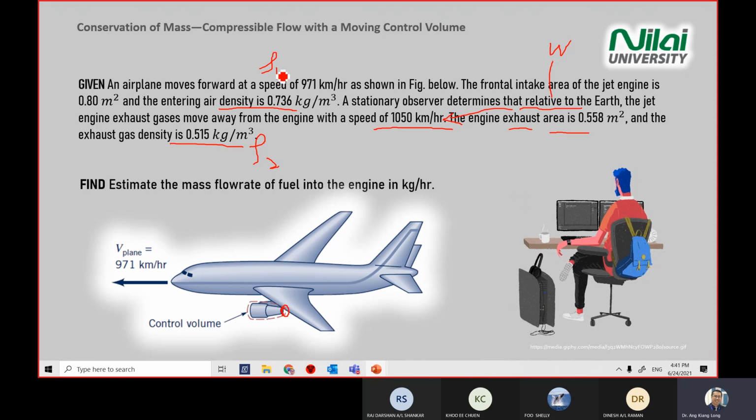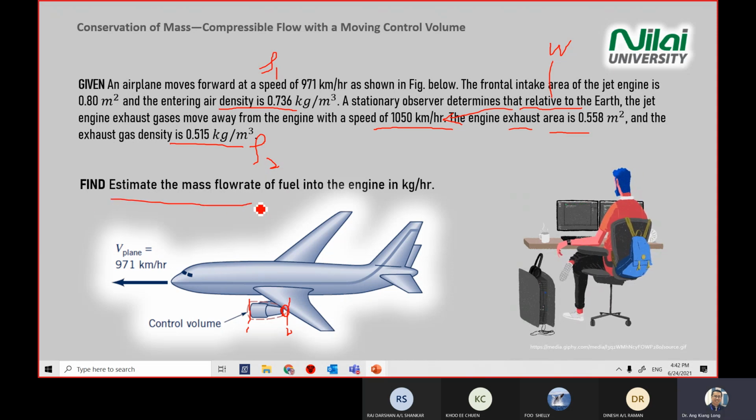For this module, when I write rho 1 it means input, rho 2 means output, usually, because we always have input at station 1, output at station 2.